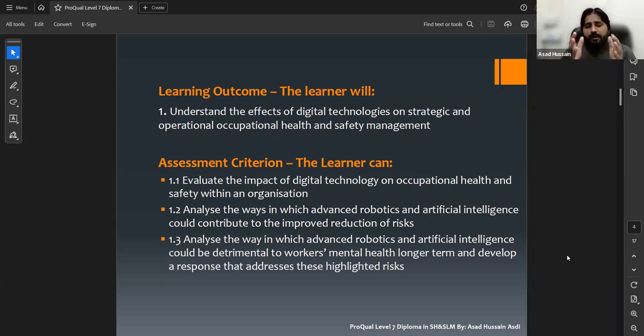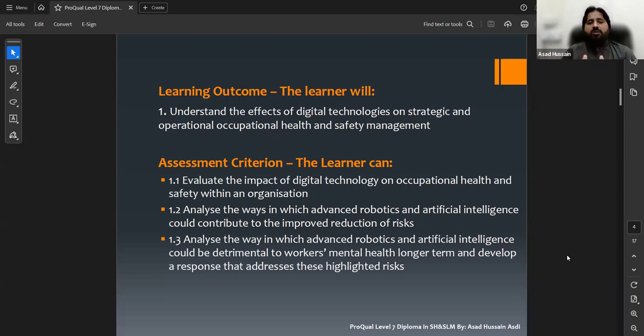So this 1.3 assessment criteria demands from you as a learner, as a candidate, that you analyze the role of advanced robotics and artificial intelligence when it comes to workers' mental health, longer term, and develop a response that addresses these highlighted risks.